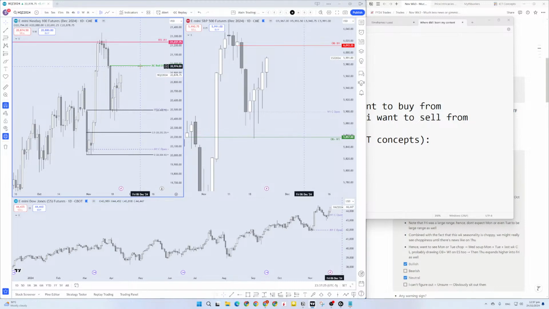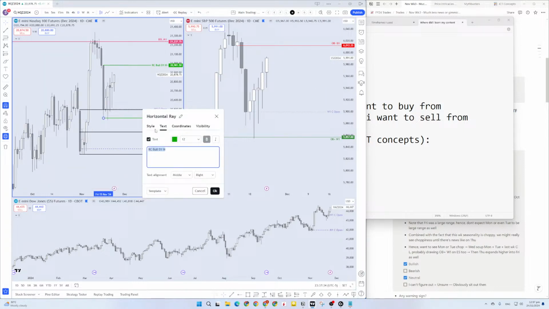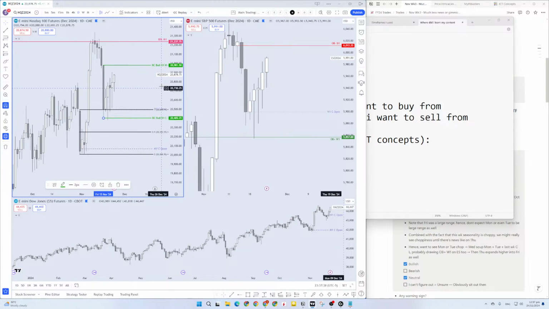Conversely, this will be called RC Bull D1 low. What is the relevant candle here? It's pretty obvious, I'm talking about this candle. So this is the high of the candle and this is the low of the candle. Pretty straightforward.